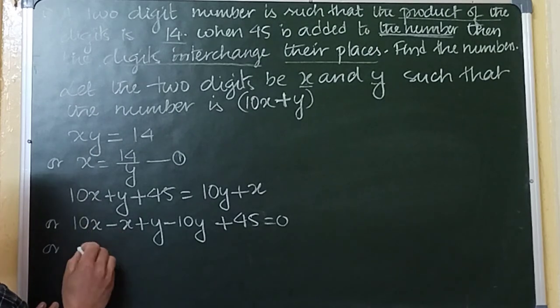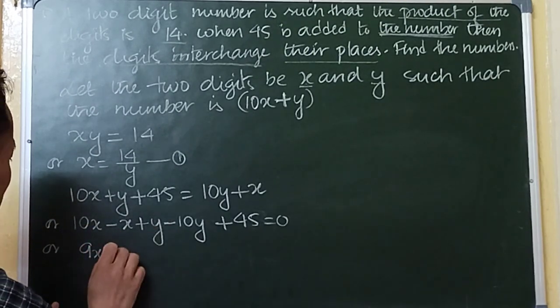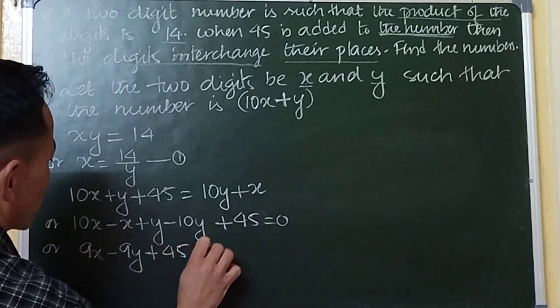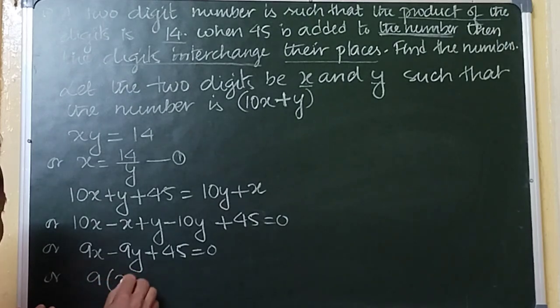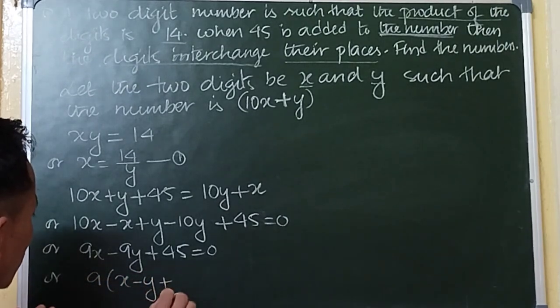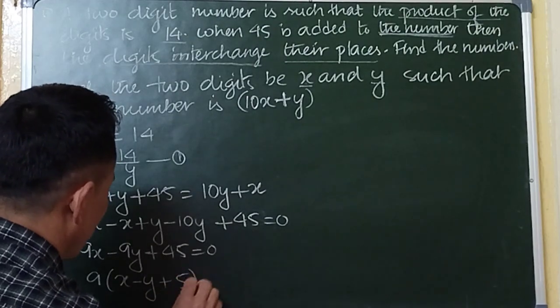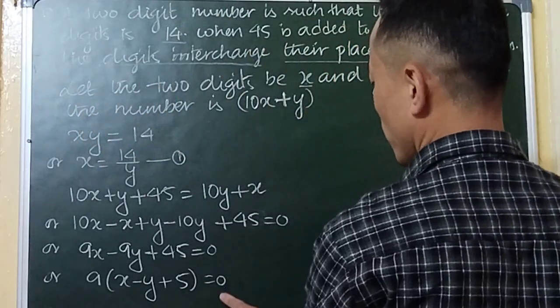So this 10x minus x will give us 9x. y minus 10y will give us minus 9y plus 45 is equal to 0. Or if you take out 9 common from here, this will become x minus y plus 5, as 45 is 9 times 5, equals to 0. So this 9, if you take it to the other side, it becomes 0.